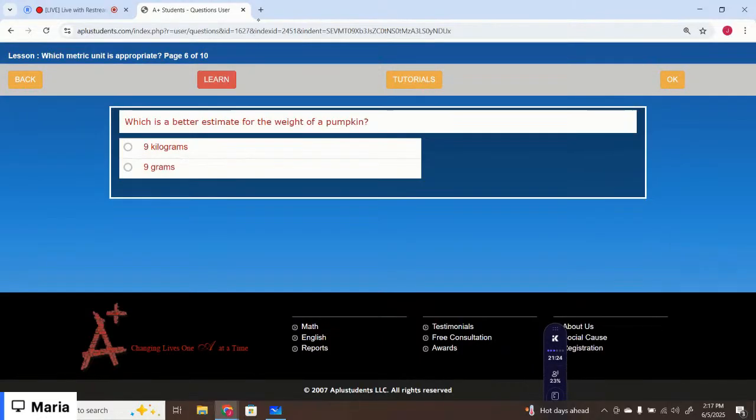Which is a better estimate for the weight of a pumpkin, 9 grams or 9 kilograms? 9 grams is too little. It must be 9 kilograms. That option is the correct option.